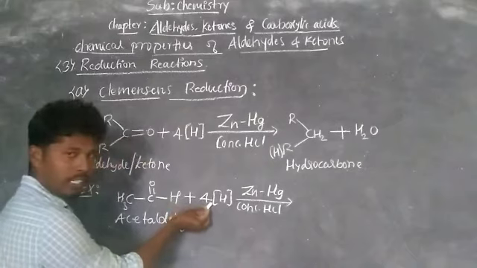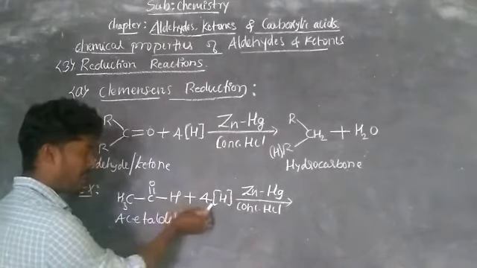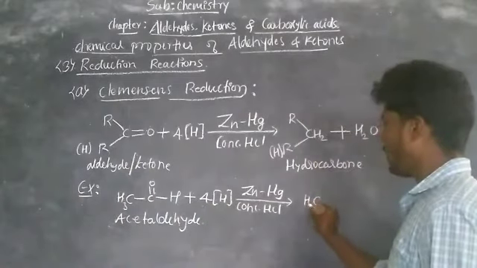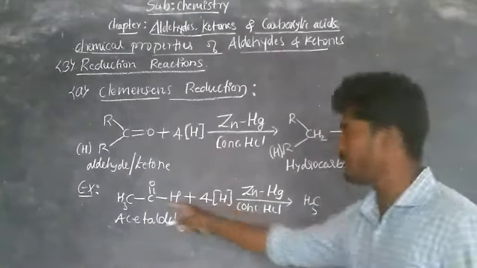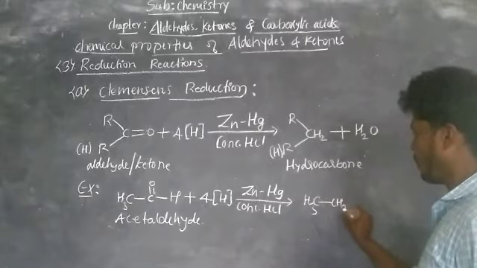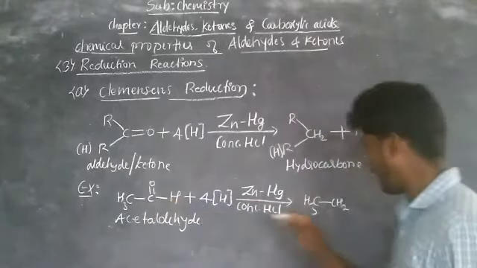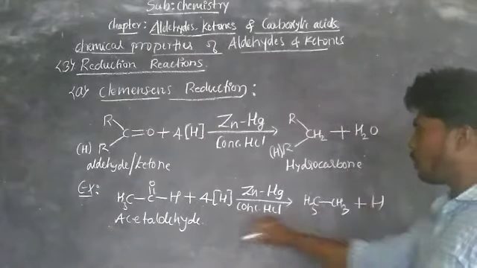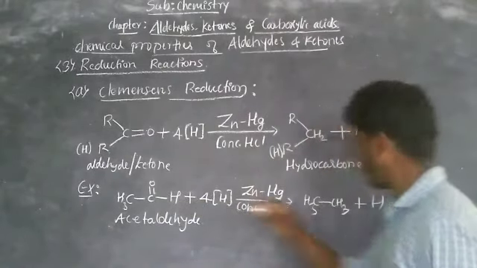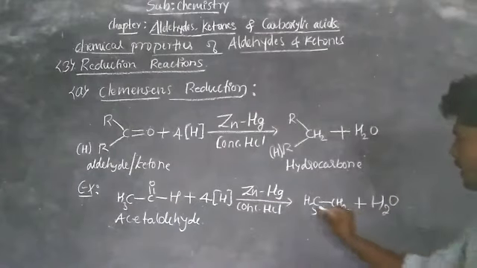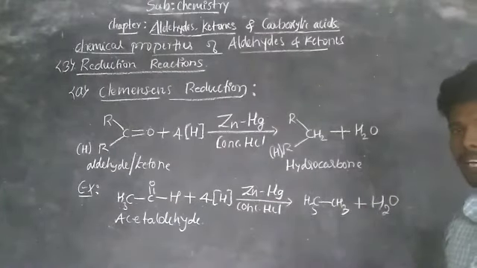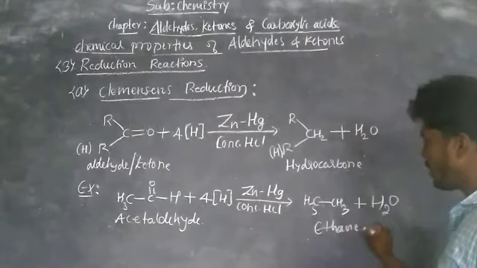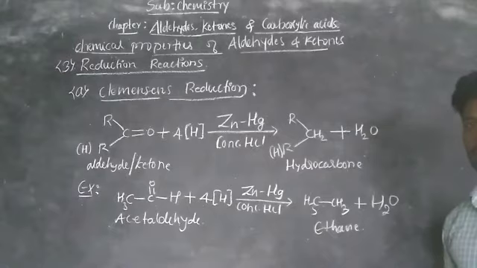Out of 4 hydrogens, 2 are for carbon and the remaining 2 for oxygen. You get CH3, then CH2, and the H becomes CH3, plus the remaining 2 hydrogens and oxygen become H2O. CH3 CH3 is a hydrocarbon, that is ethane. So this is called Clemmensen's reduction.